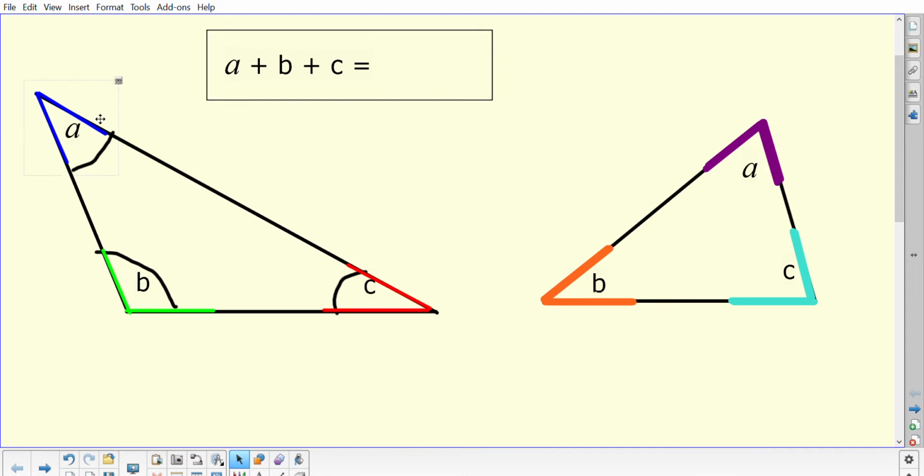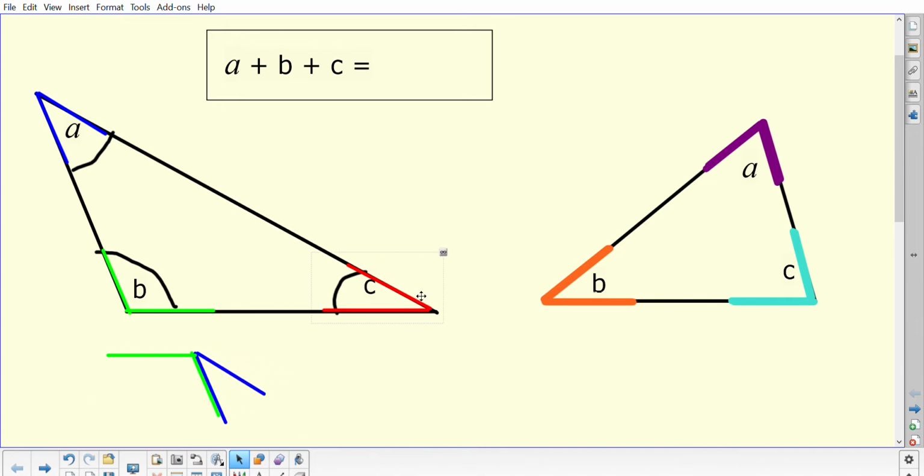What I'm going to show you is that if you put together the angles from the corners in the following way, so if you put the pointed part of each of these angles, imagine you could tear it off.